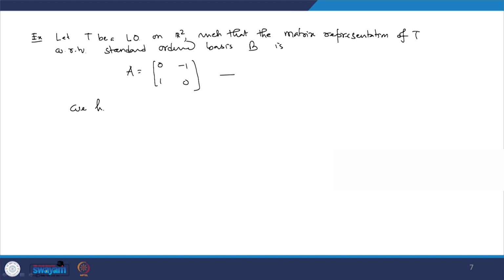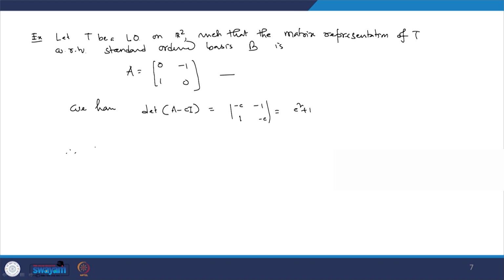We have the determinant of A minus C I, where C is an eigenvalue of A. That is equal to the determinant of minus C, minus 1, 1, minus C, because A minus C times the identity matrix, when you simplify it, is basically the determinant of minus C, minus 1, 1, minus C, which is equal to C square plus 1.